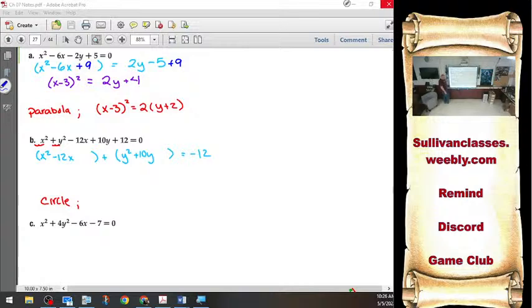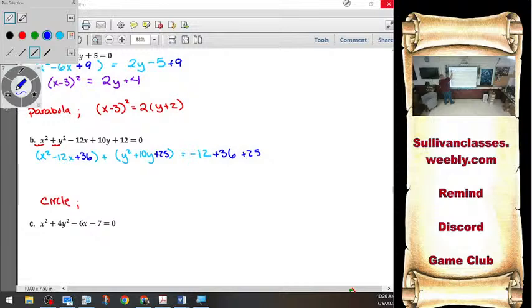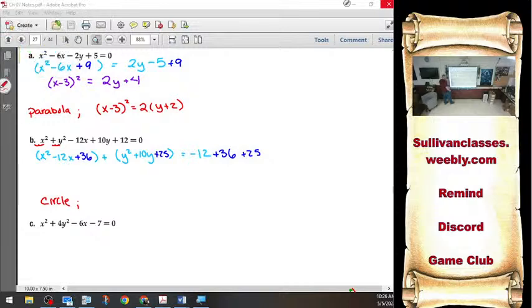Who goes with X? 36. Okay. Make sure you put it on the other side. Who goes with Y? And then we're already at the answer: (x - 6), the quantity squared, plus (y + 5), the quantity squared.